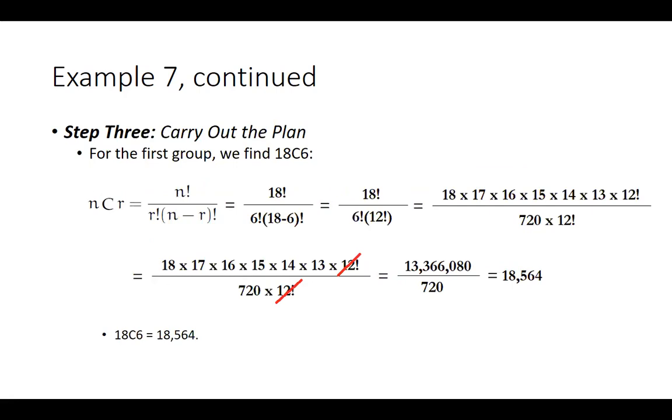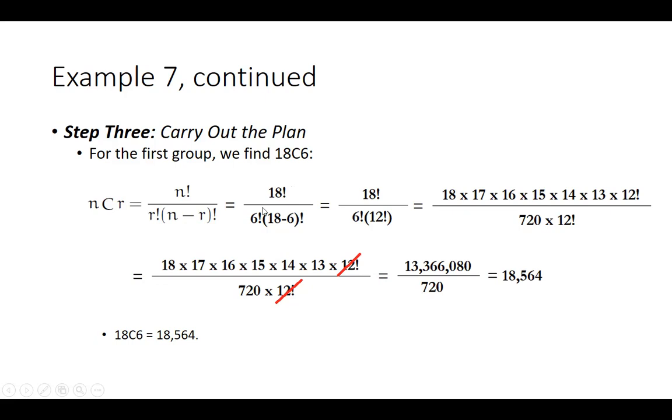For the first group, we find 18 choose 6. So we use our nCr function, n factorial over r factorial times n minus r factorial. n is 18, r is 6. So we plug those in.